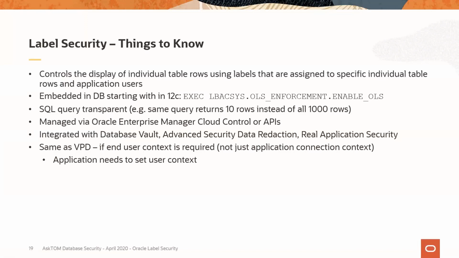For example, in the case of GDPR, a marketing application is not allowed to see any data associated with customers that have not given consent. The consent information could be part of a label. So a marketing app in general cannot see anyone that doesn't give consent. So it doesn't have to be at the user level, it can be at an application level. But if it is at the user level, the application does need to set context.